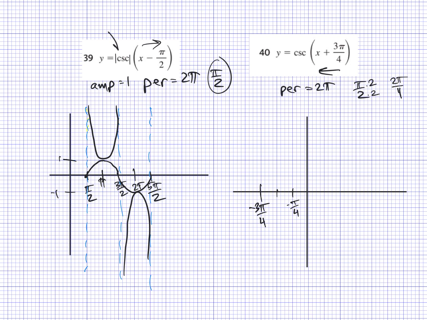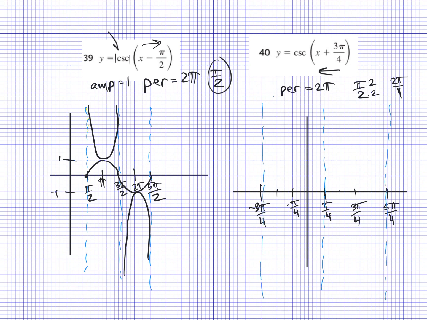And so each increment is 2 hash marks. So 1, 2. What is that going to be? That's going to be pi over 4. Plus another 2 pi over 4 is going to be 3 pi over 4. And one more. That gives us 5 pi over 4. Okay, so put your asymptotes at the center and at the outside.